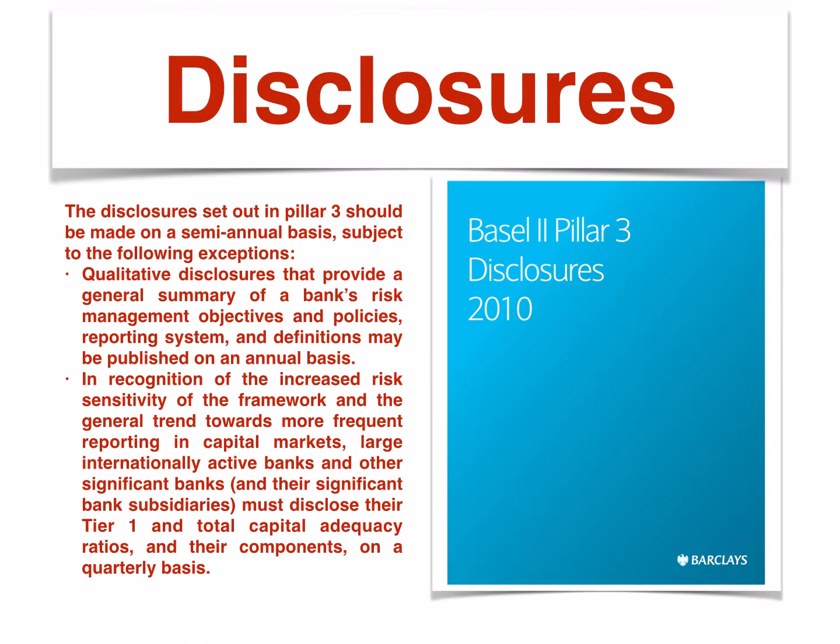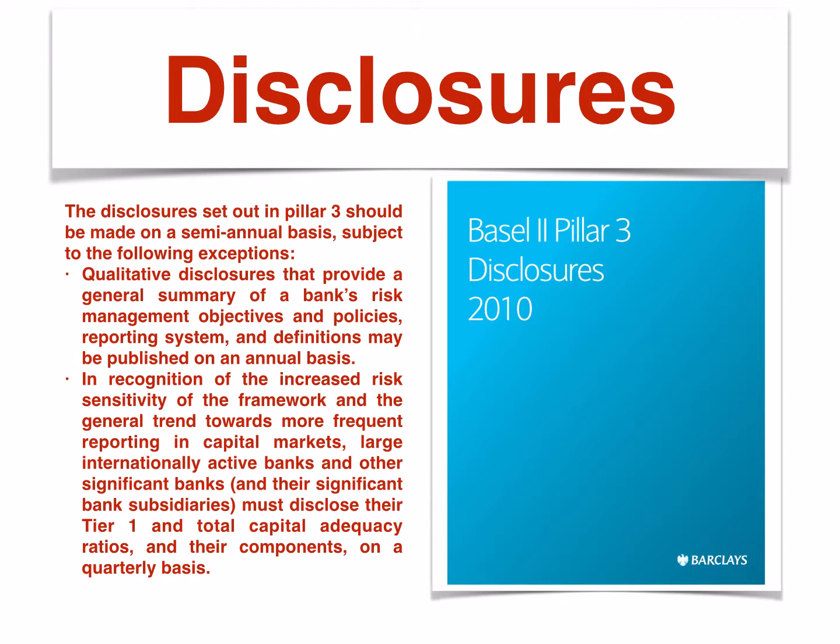The disclosures set out in Pillar 3 should be made on a semi-annual basis, subject to the following exceptions. Qualitative disclosures that provide a general summary of a bank's risk management objectives and policies, reporting system, and definitions may be published on an annual basis.